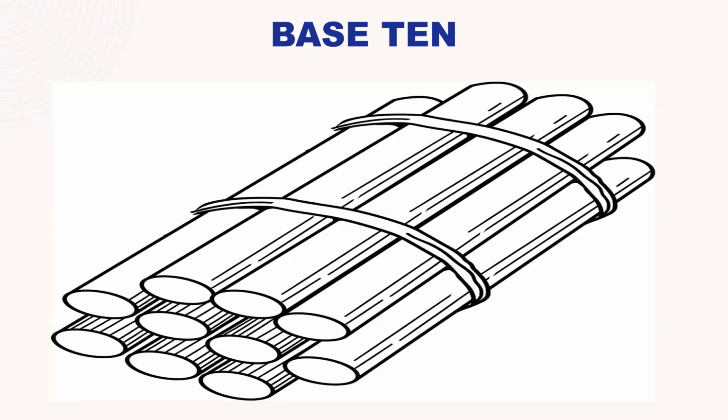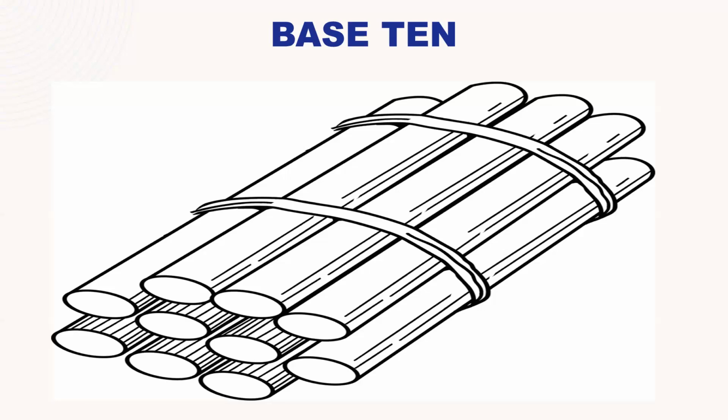If you have a lot of sticks and you want to carry them, it becomes difficult. So you can decide to tie them in tens. If I have 18 pieces of sticks and I want to tie them, I'll tie 10. Then I'll have 8 pieces.